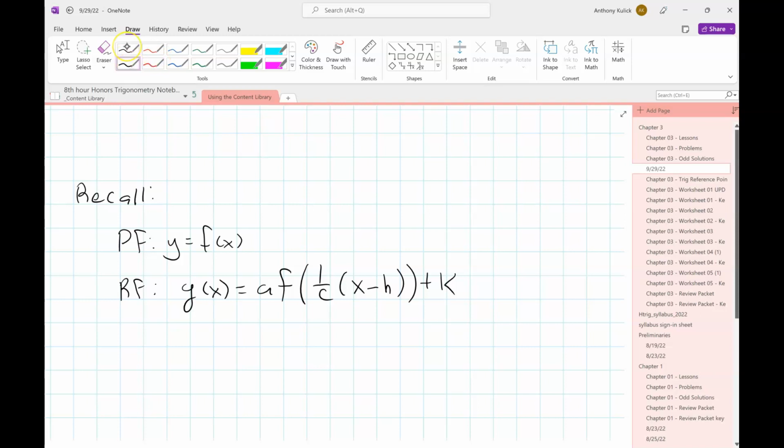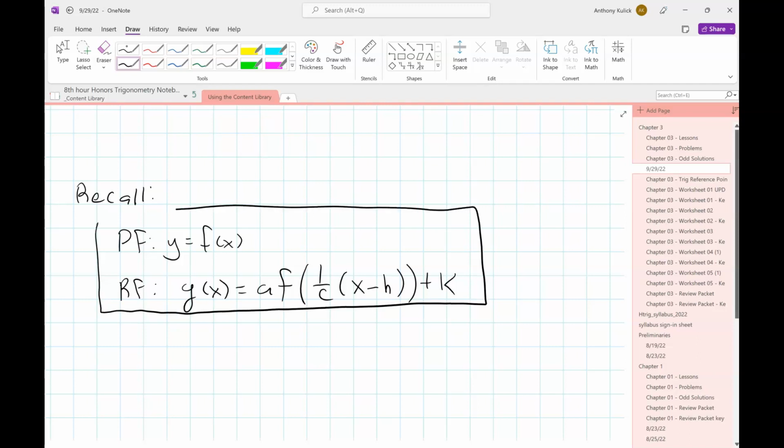Mr. Kulik, should I have those general forms memorized? Yes. Please, please, please do. So, what did A do again? Vertical stretch or shrink and a reflection across the x-axis.